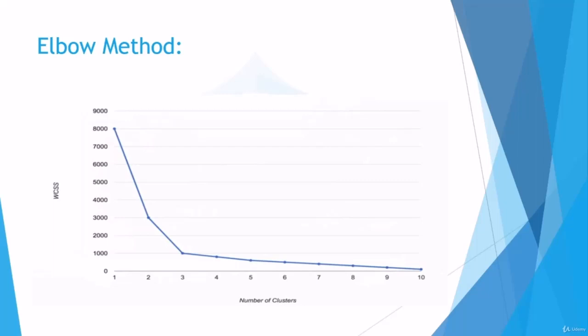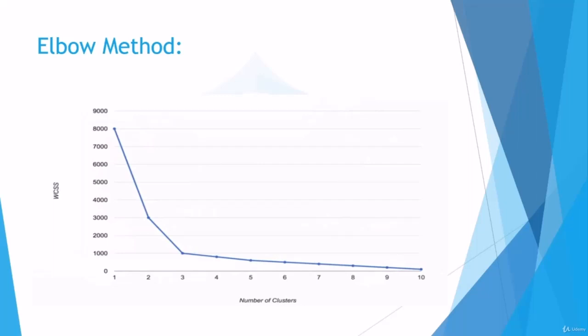You can see from here that when the number of clusters equals 1, the WCSS value is 8000, and when we change the number of clusters from 1 to 2, the value drastically drops to 3000. So you can see there is a very sudden change in the WCSS value, and if we further change the number of clusters from 2 to 3, the value drops again, and after that it decreases at a slow and steady pace.